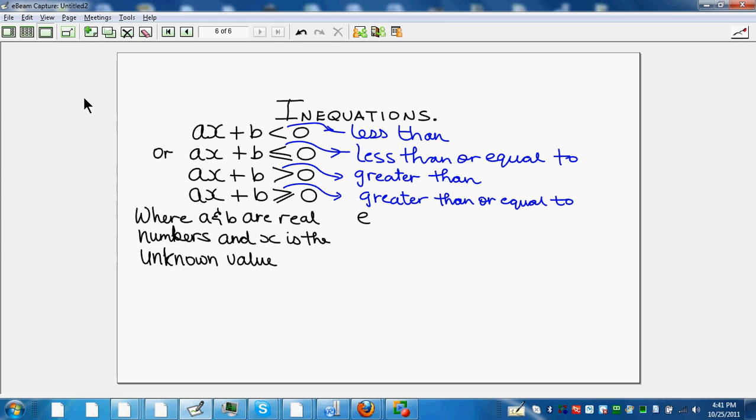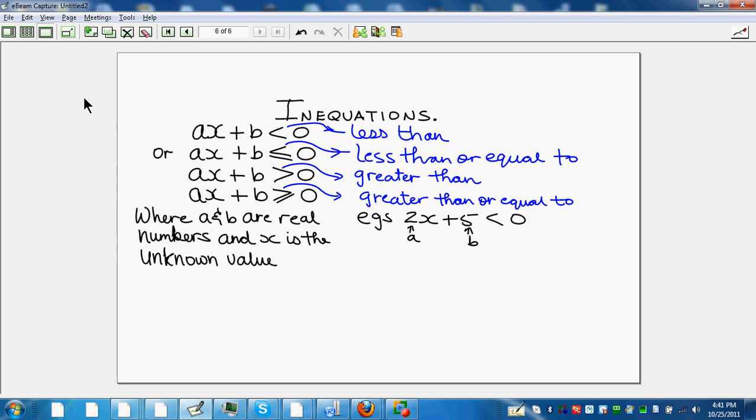And two examples of what an inequation could be like might be 2x plus 5 is less than 0 as one example. In this case, a would be 2 and b would be 5.